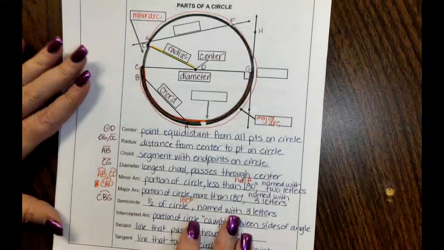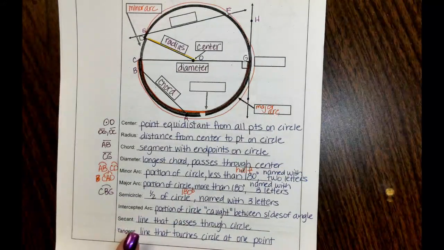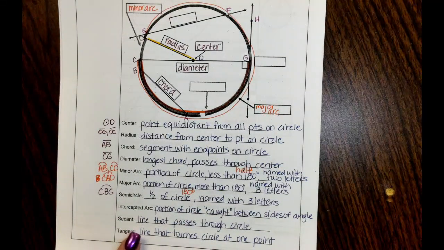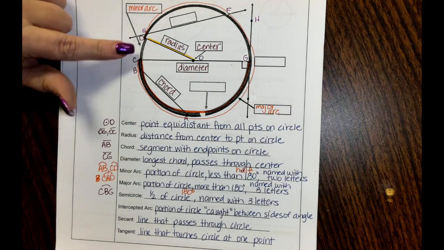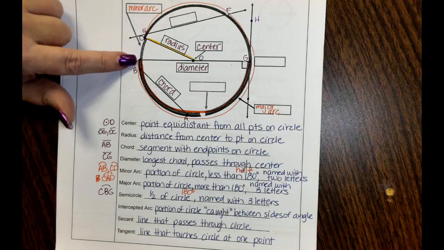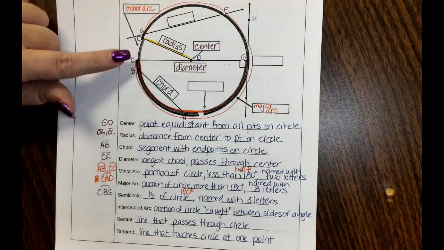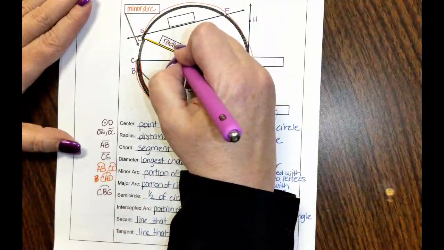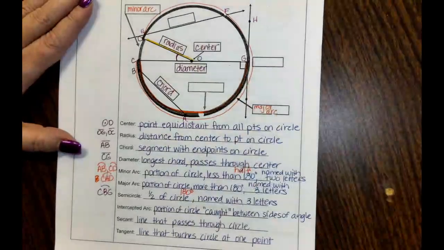Now, an intercepted arc is the portion of a circle that's what we call caught between the sides of an angle. So say, for instance, we have angle COD. Angle COD is this piece right here, okay?